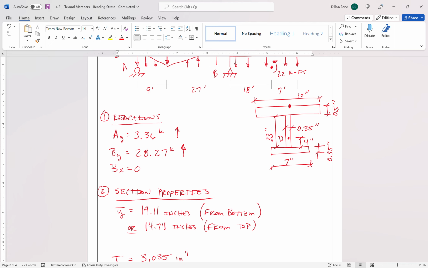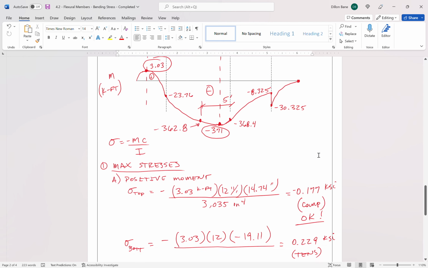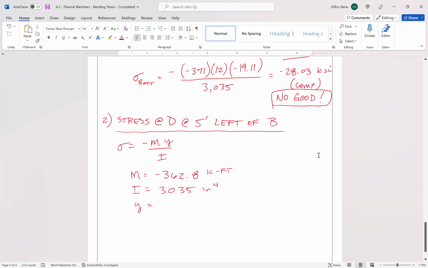So if we took 19.11 minus 0.35 minus 4, that'll give us our new Y value for our equation here. The only thing is that it needs to be negative because we're below the neutral axis.